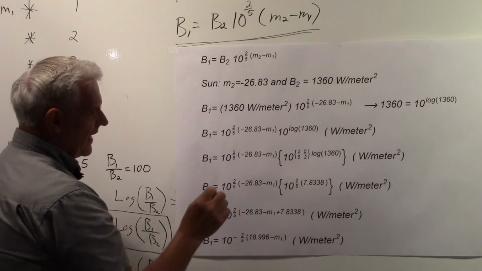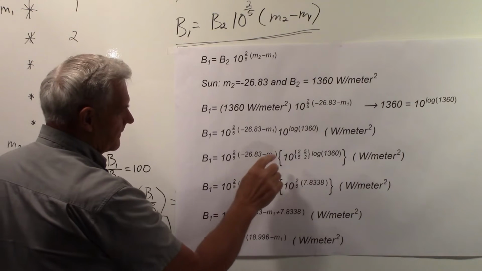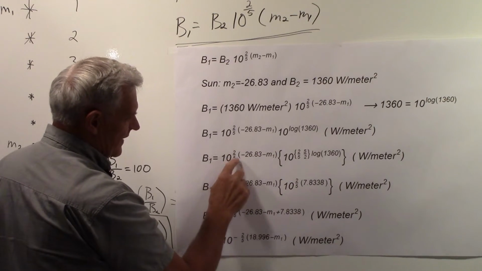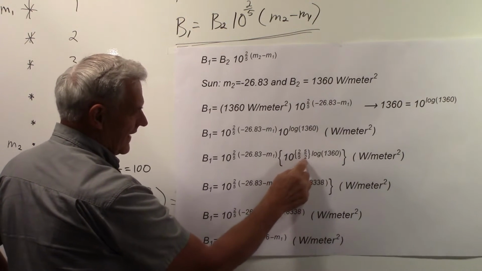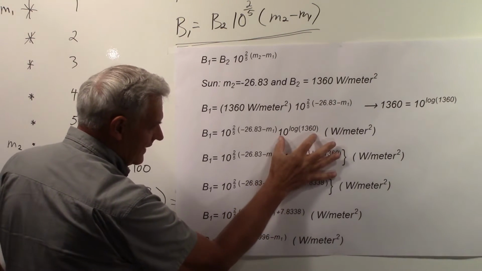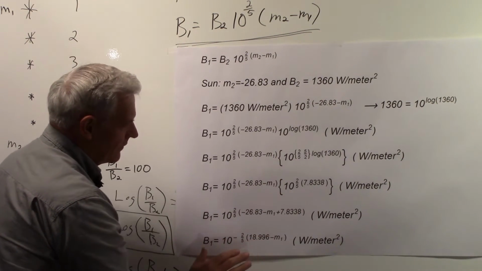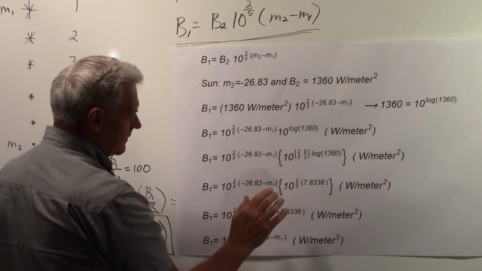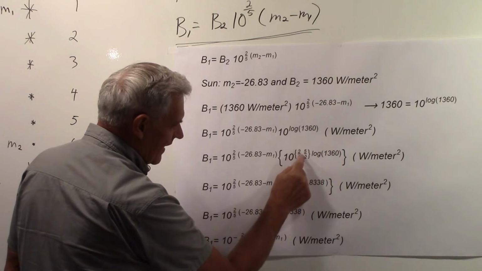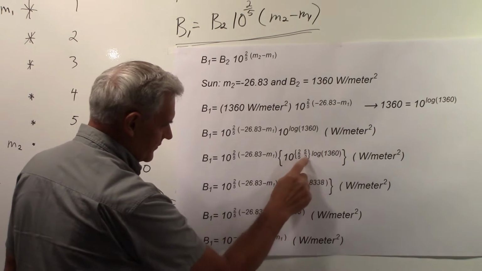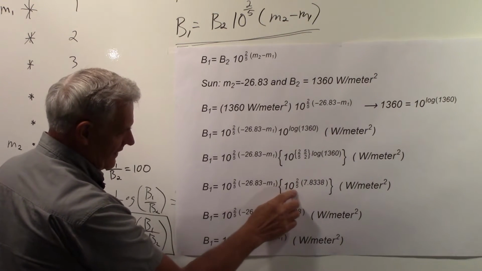How do we get that number into here? Well, there's a 2/5 out here, so we're going to need a 2/5, but there's not a 2/5 in here. So we have to multiply that by 5/2. You see this quantity here is exactly equal to this quantity here. And so we can look at what this factor, the 5/2 log of 1360, is equal to. If we do that, we get 7.8338 with the 2/5 out front.